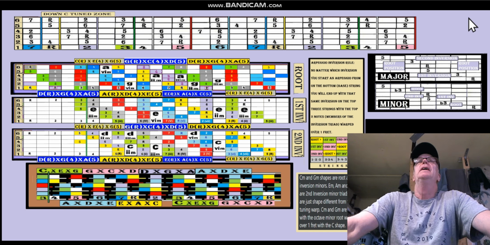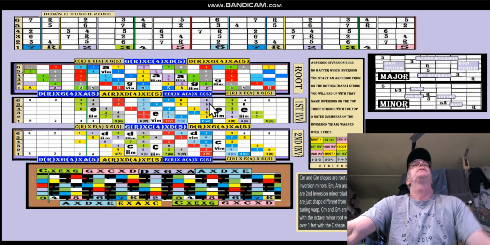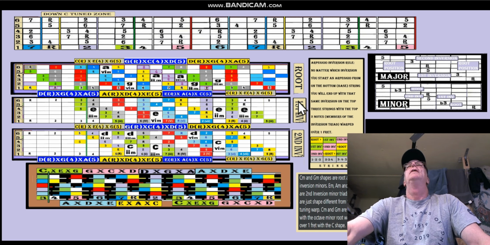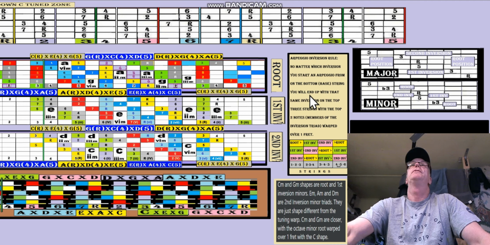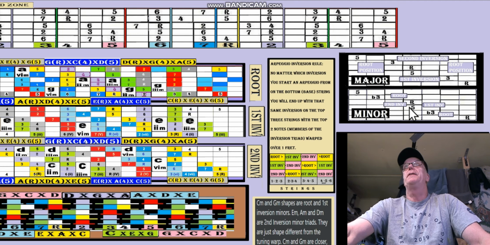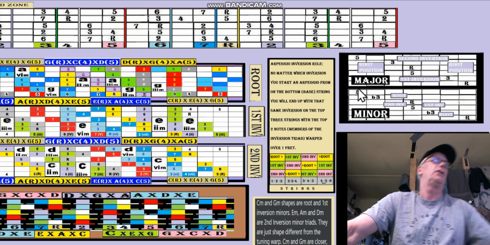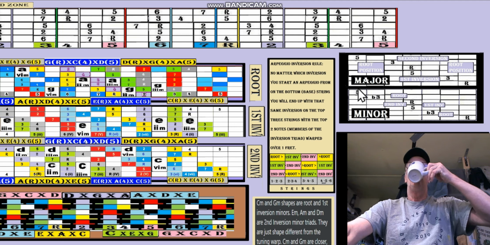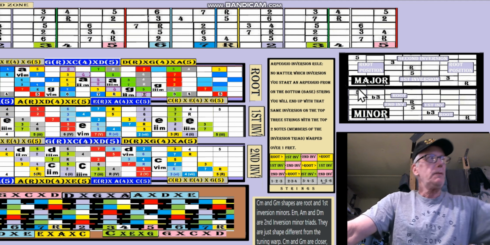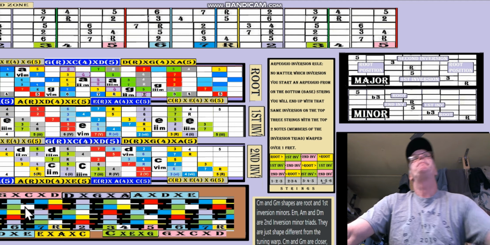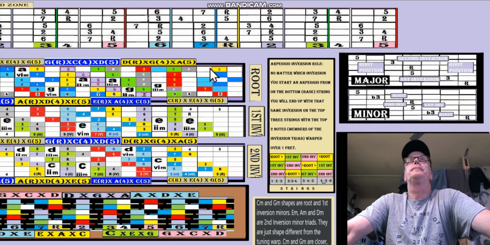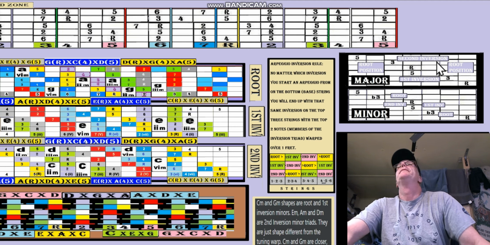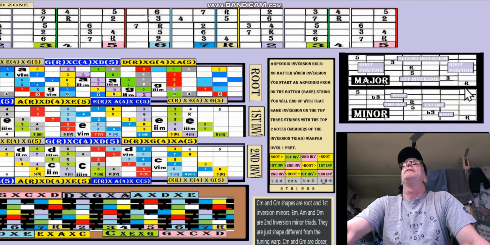So let's get started. We'll talk about this little chart. I call it a chart, but you know what? It's just a diagram. The chart itself is the whole chart. So we've talked about the inversion.